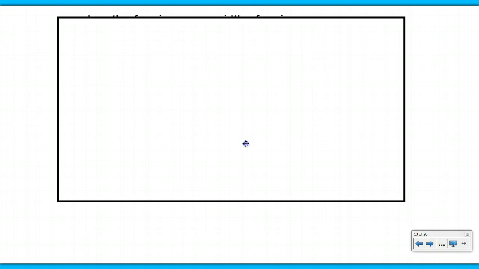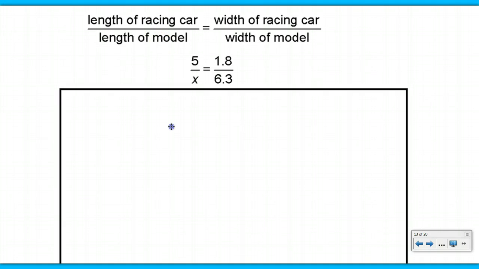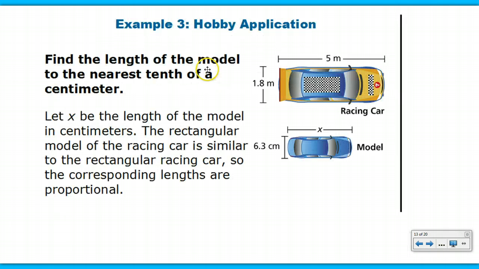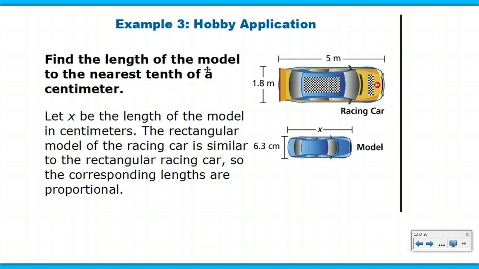So let's see what the key decides to do. The key decides to put the actual over the model. So let's see how we substitute those values. The actual length of the car was 5 meters, right, over the length of the model, which we're saying is X. Notice we have different units here, right?